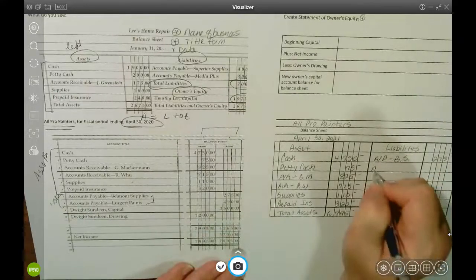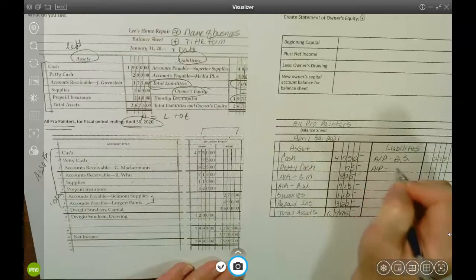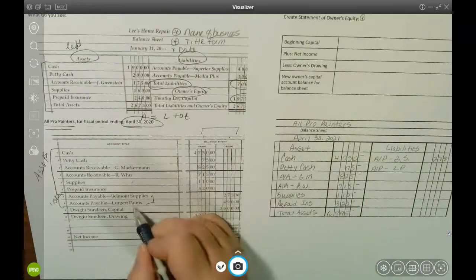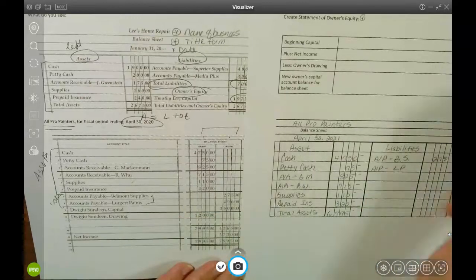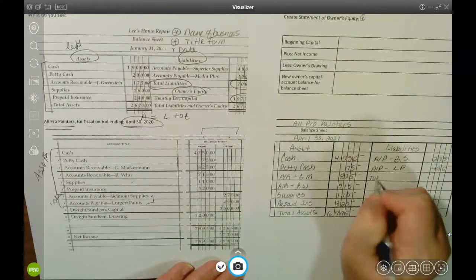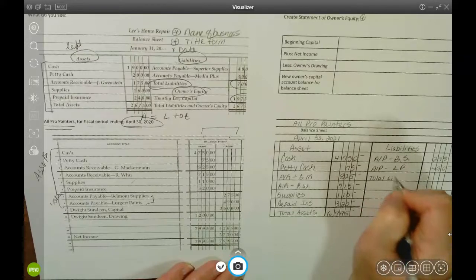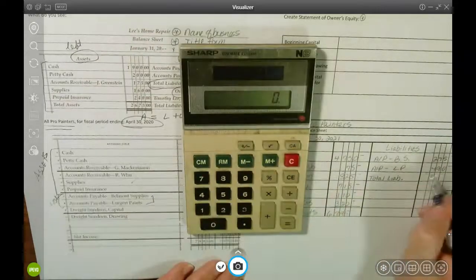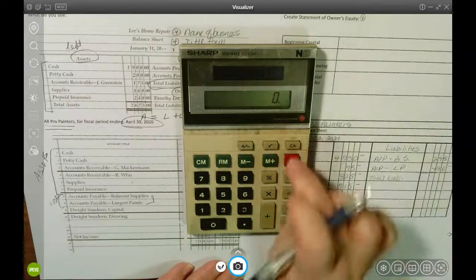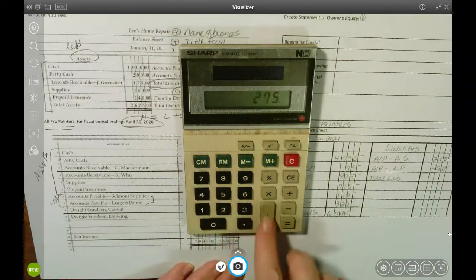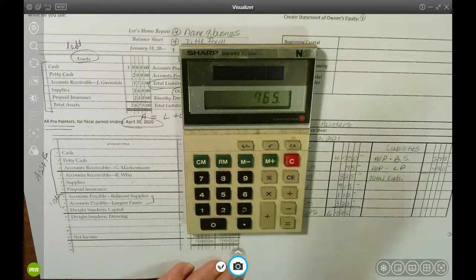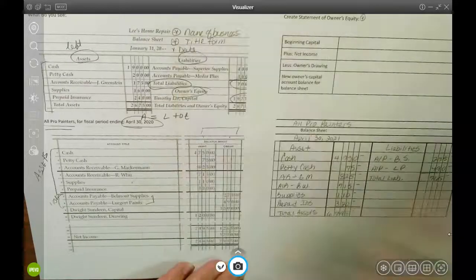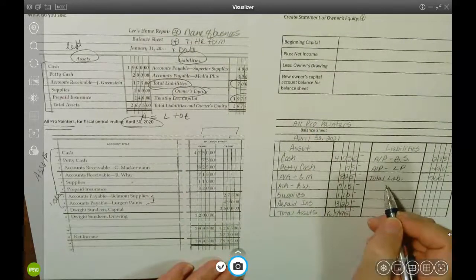Then we're going to go accounts payable LP for Lugert Paints, and that is $490. Then we are going to put total liabilities here and add up our two liabilities. $765 is what you should have gotten for your total liabilities.